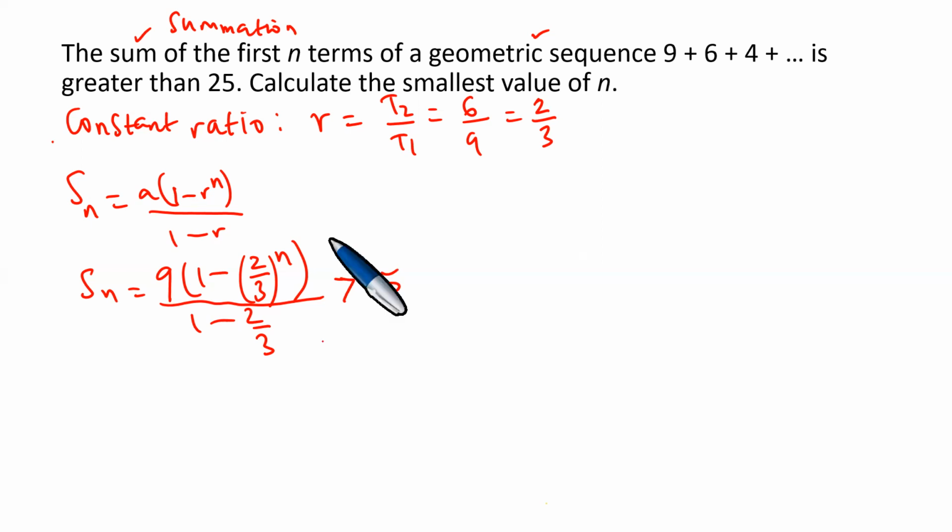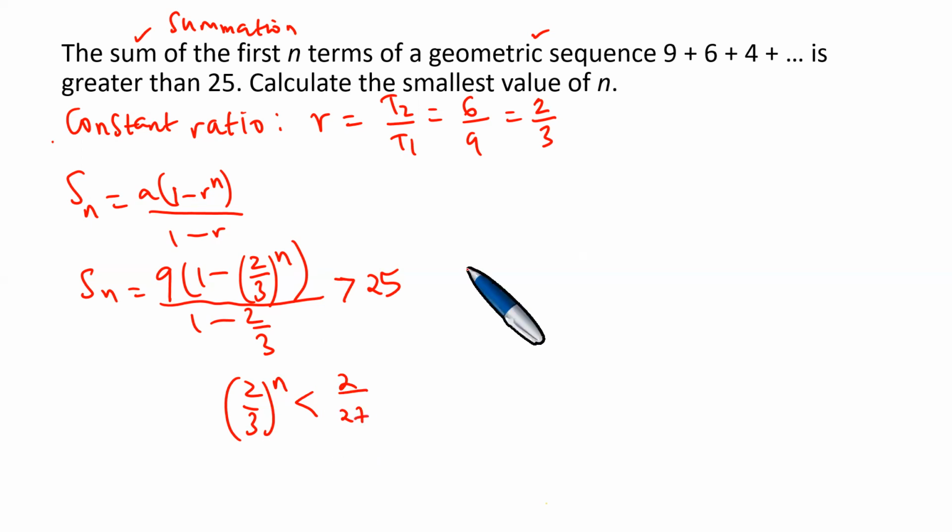Right, so if you manipulate everything here, I'm not going to waste a lot of your time there, but it becomes 2 over 3 to the power n less than 2 out of 27. That's what it becomes. If we solve for n out of these, you take the log both sides.